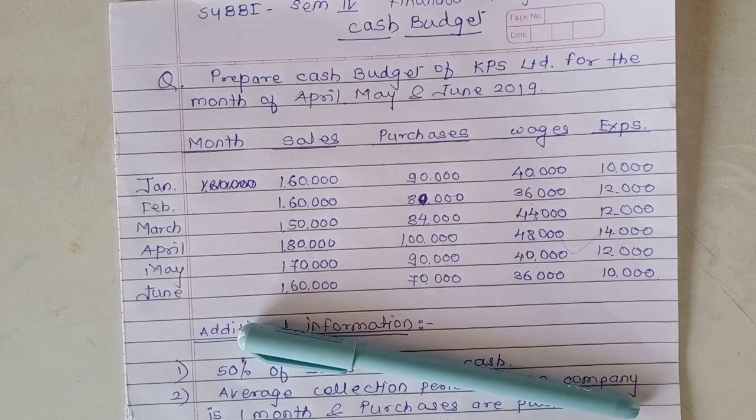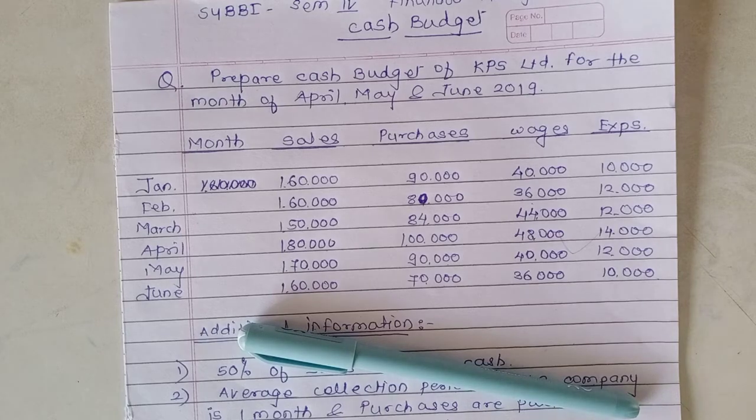It coordinates the timings of cash need. In other words, it helps to find out the net cash position, whether an organization is having surplus or deficiency, so that it can plan accordingly. So let us start the preparation of cash budget.